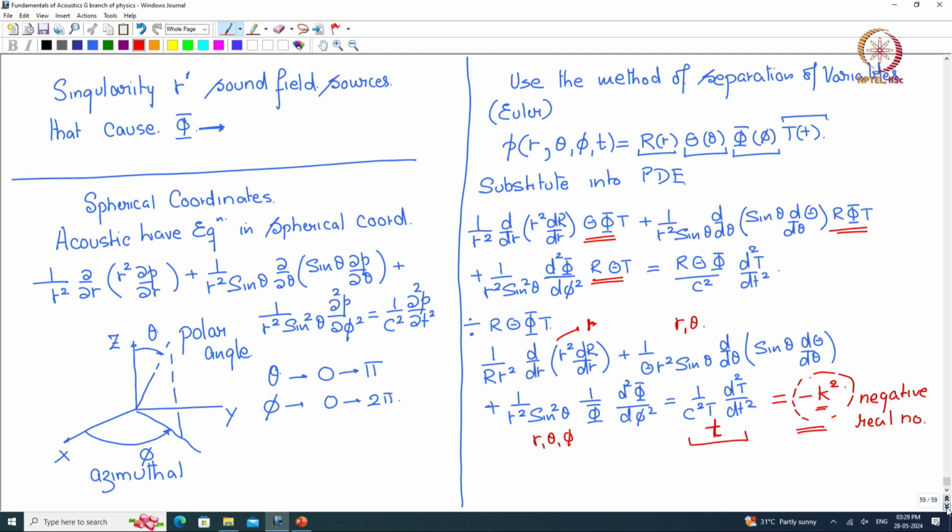okay. So what do we have? We have 1 by c square t d2 t by dt square is, let's say, right now minus k square. I'm going to argue why minus k square has to be a negative real number. One case we take is, suppose it is 0.